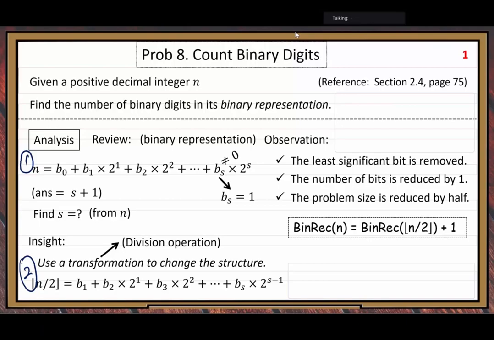So you do a recursive function call to get some value, then you add 1, and you get the solution for the current problem size n. That is what this recursive formula tells us. Next, we need a base case. When n equals 1, the number of bits is also 1. That's the base case. Then you can find a solution.